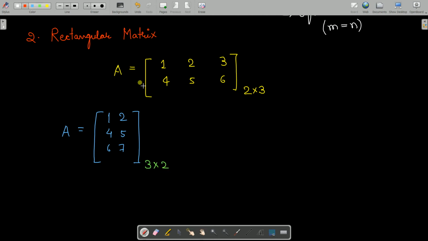In short, I can represent this rectangular matrix as (Aij) with m cross n, but the only condition is that m will not be equal to n. So this is the standard representation and notation for your rectangular matrix.